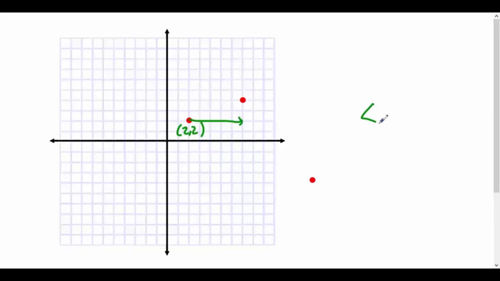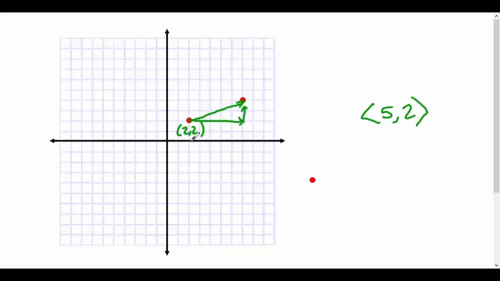So our vector translation is a 5, and then it's going up 2. So it's 5, 2. So let's make sure we have the right notation here, so you don't get confused. 5, 2, there you go.